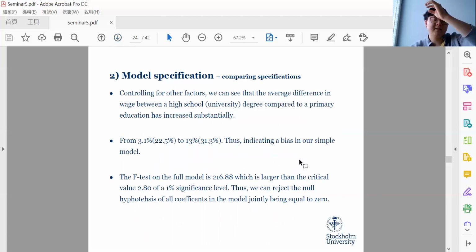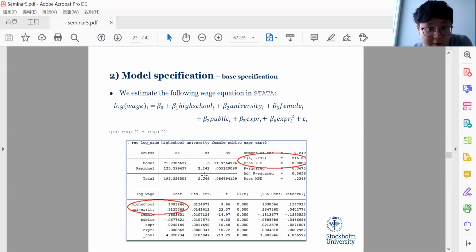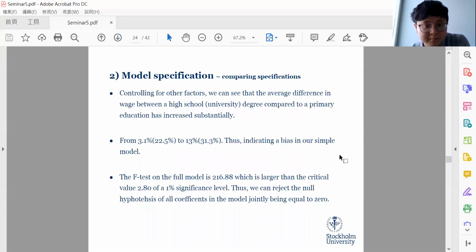You can see that, controlling for other factors, the average difference in wage between high school and primary education has increased substantially. High school students on average have 13% higher wage than primary school, and roughly 30% for university students.